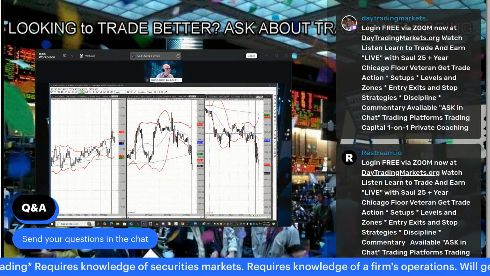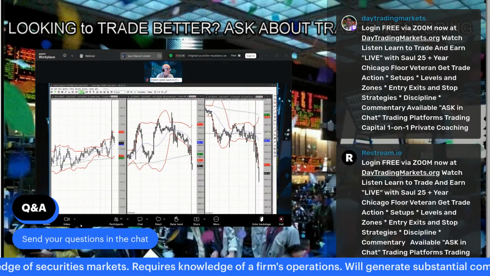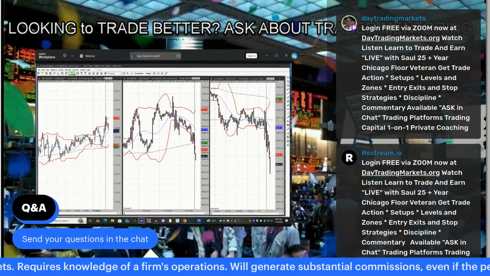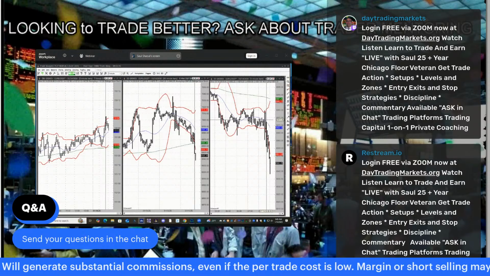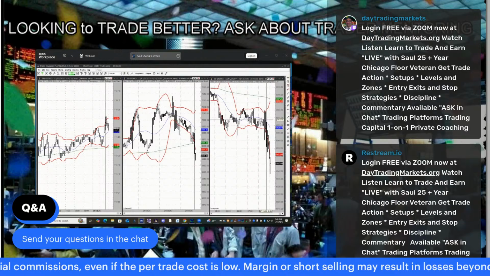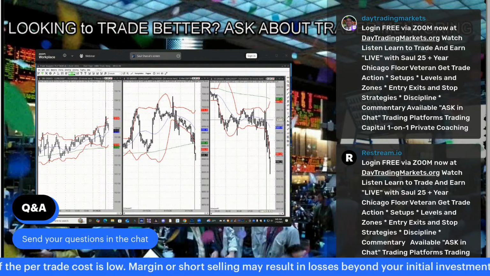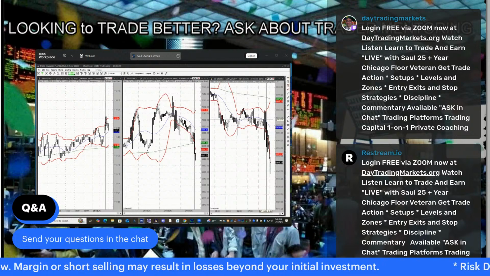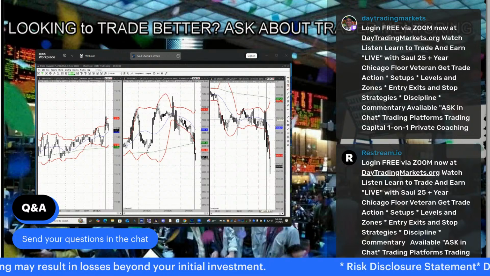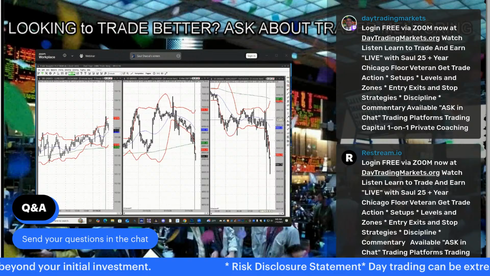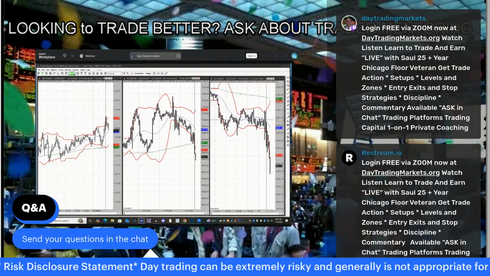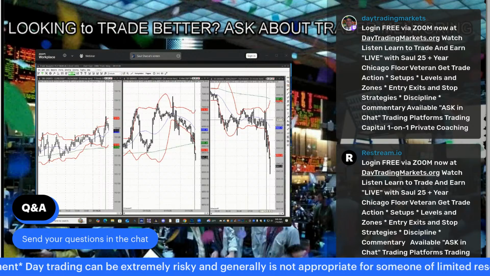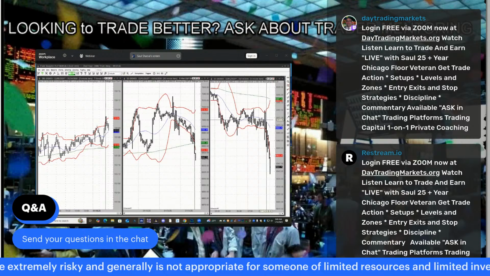A little resistance would be around the 65 area now, if we get back up there. Okay.